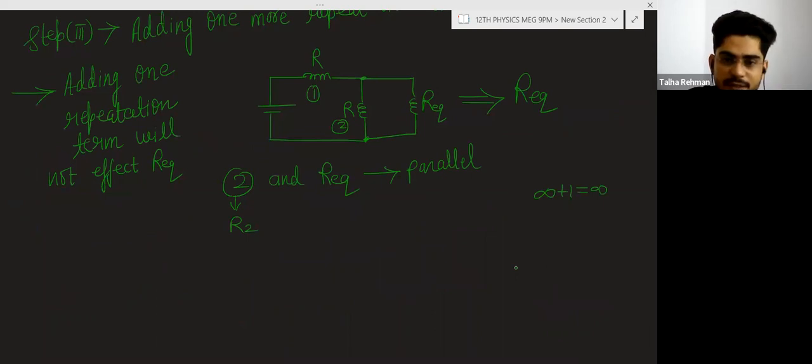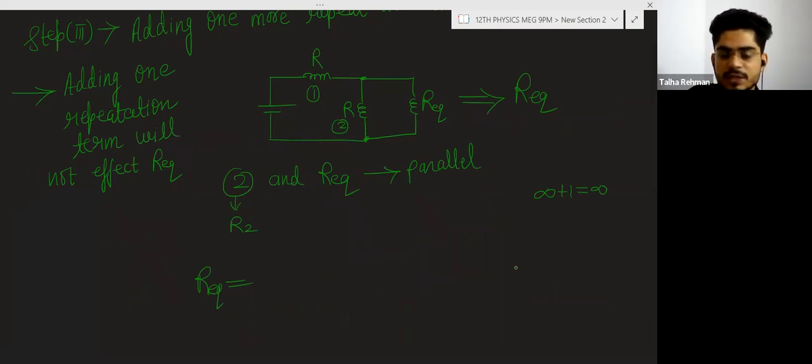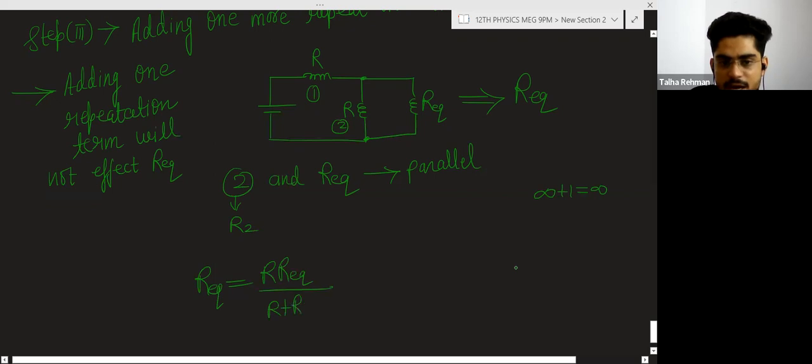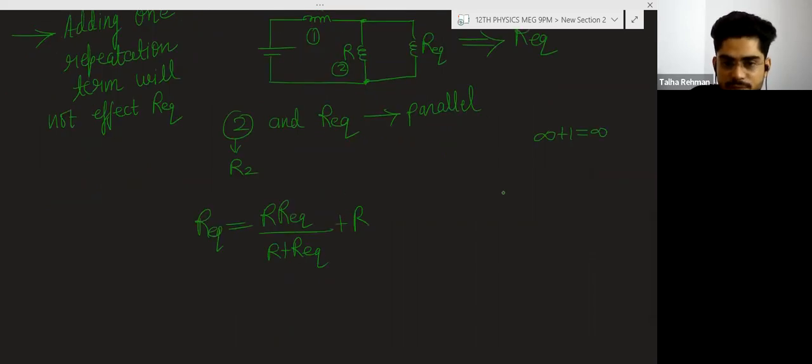So you can write, these are in parallel. R equivalent, the equivalent resistance of this circuit, is equal to R into R equivalent divided by R plus R equivalent, plus R, because the equivalent of this is connected in series. Now we can solve this.